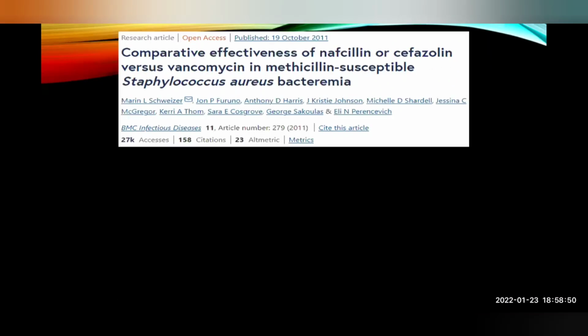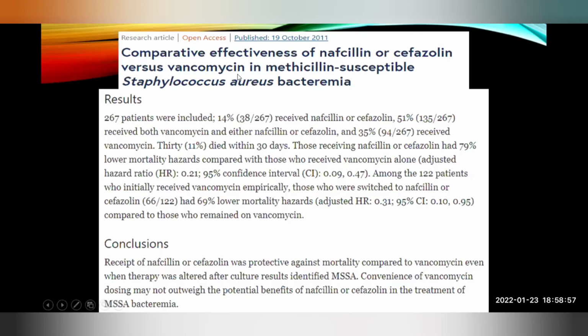This is another study which evaluated penicillin or cefazolin versus vancomycin in MSSA bacteremia. Patients on anti-staphylococcal penicillin or first generation cephalosporin had almost 80% lower mortality hazard when compared to patients receiving vancomycin alone.